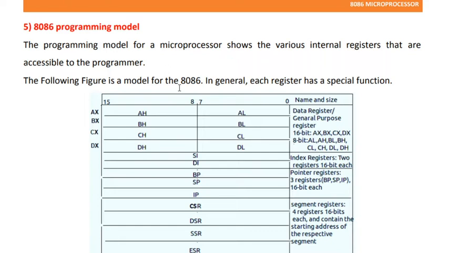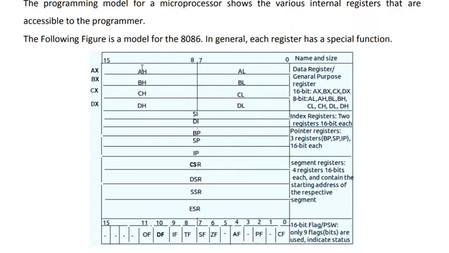Now, here there is a pictorial representation of the 8086 programming model, wherein we have four general purpose registers, namely AX, BX, CX, and DX. AX refers to accumulator, BX refers to base, CX refers to count, and DX refers to data.